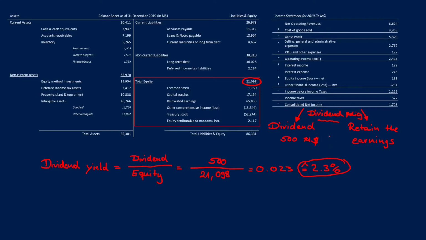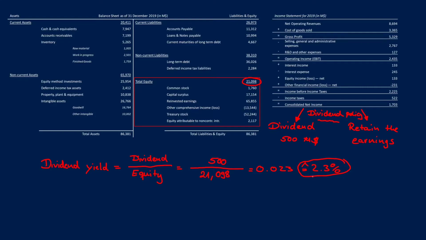Because if the shareholder meeting decides to retain all the earnings, the dividend will be zero, and the dividend yield will be zero accordingly. So the dividend yield might not be the best idea to compare it with other companies, because this decision about the dividend policy may distort this measure a lot.